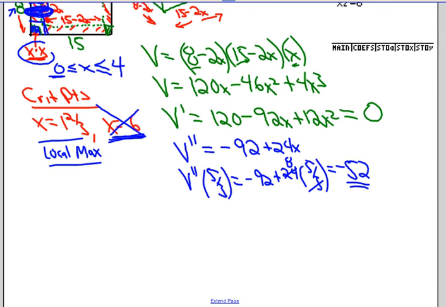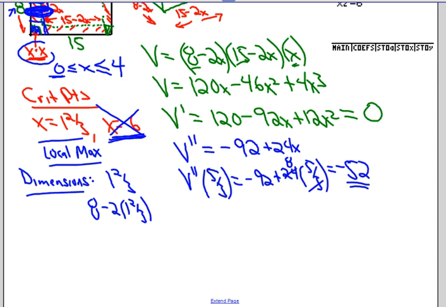All right, so x is 1 2/3, our local max. Let's get the other dimensions. We had 1 2/3. Then we have 8 minus 2x, minus 2 times 1 2/3. What is that? 3 1/3.